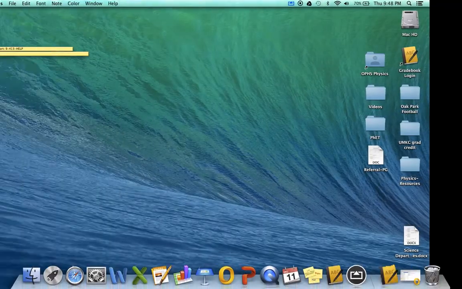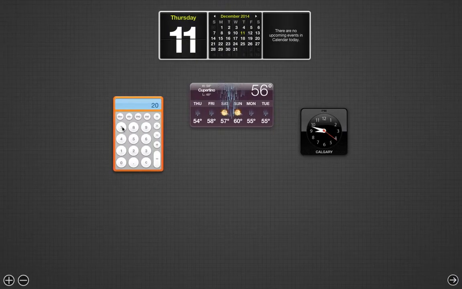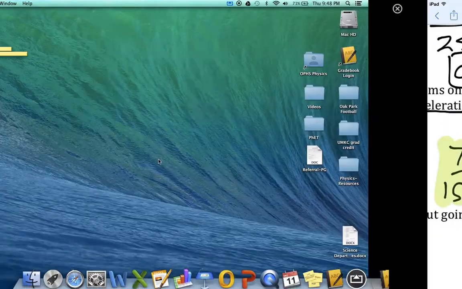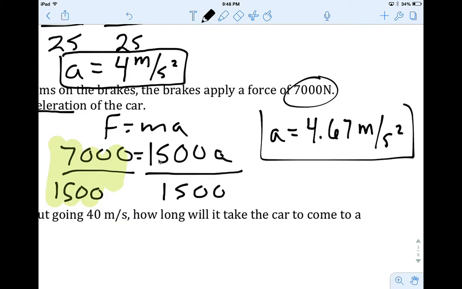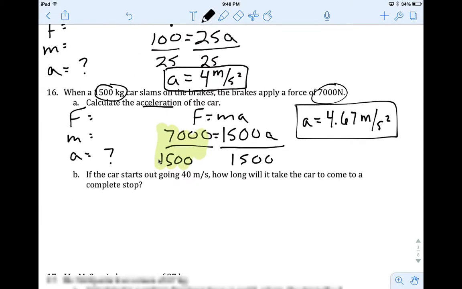I should be able to do this. 7,000 divided by 1,500 is 4.67. Acceleration is 4.67 meters per second squared. That's my answer here.